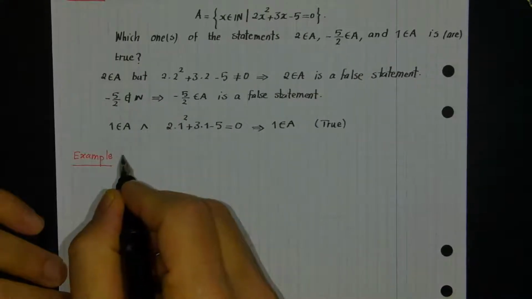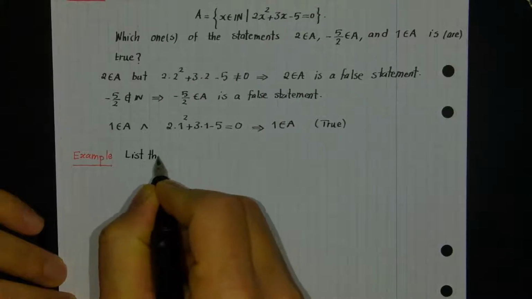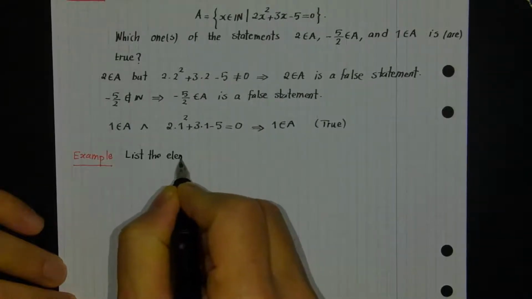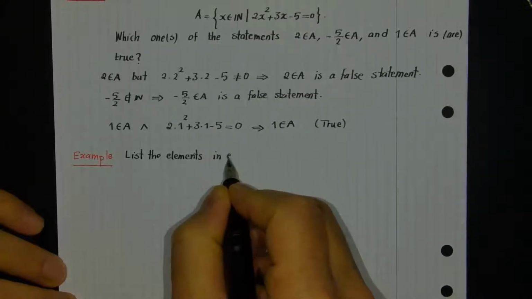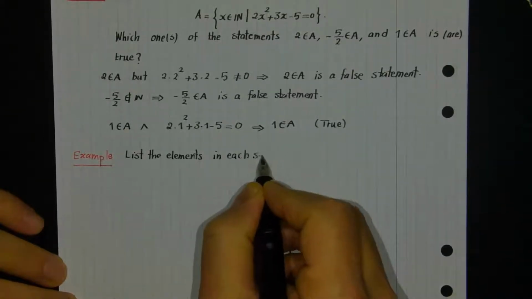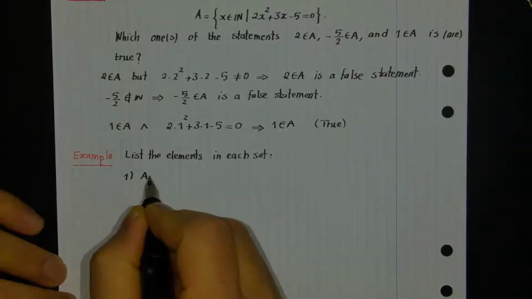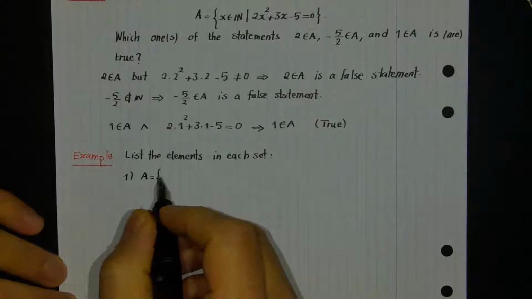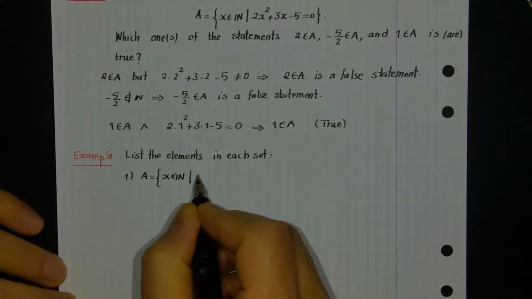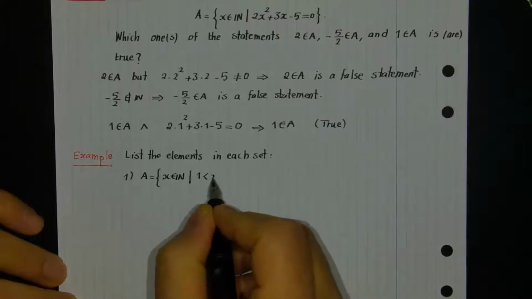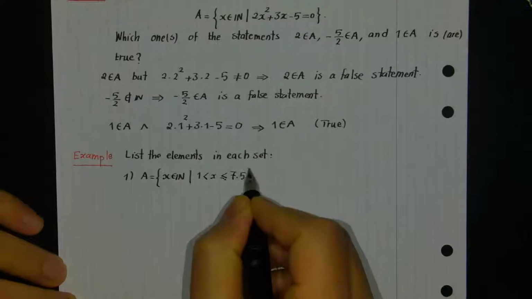So list the elements in each set. Okay, so for example, number 1, the set A is equal to x belonging to the natural numbers such that 1 is less than x is less than or equal to 7.5.